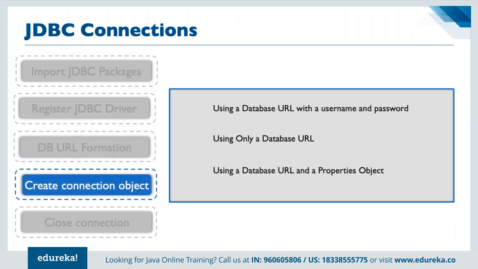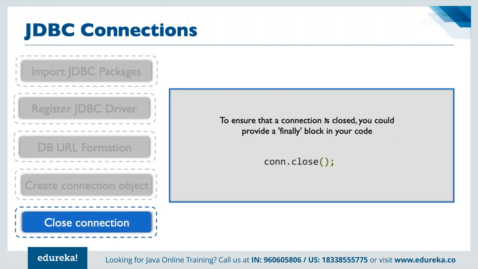Then we have the create connection object. We have to create it using a database URL with username and password. We can simply use only the database URL in case of an open database. And once we are done, we have to close the connection using connection.close.